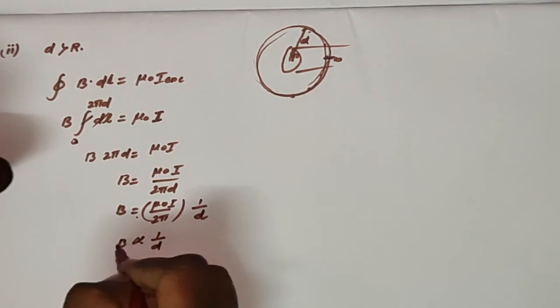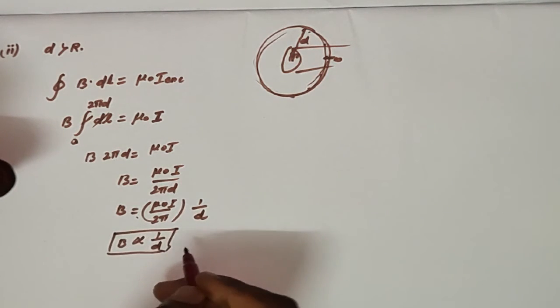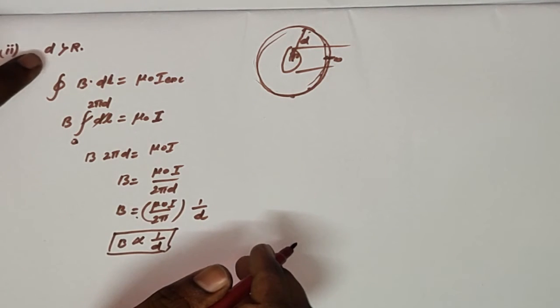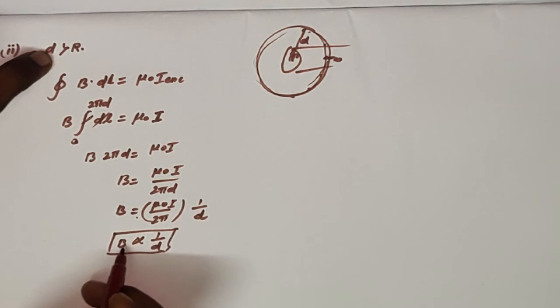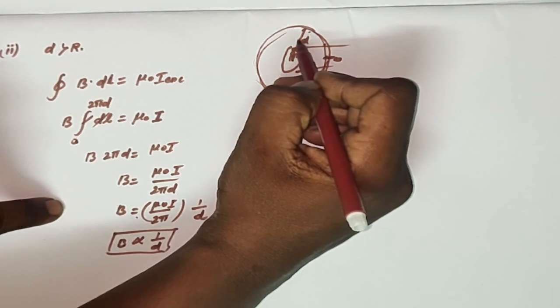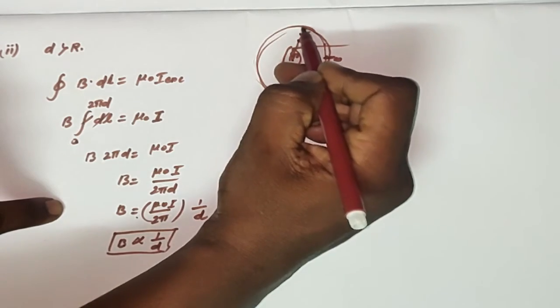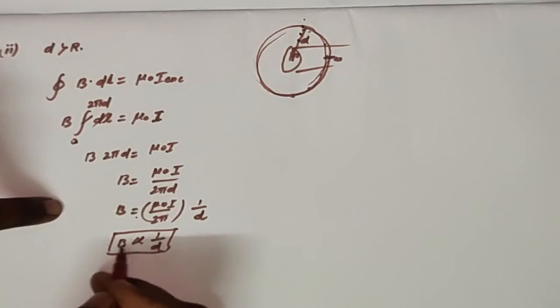B is inversely proportional to the radial distance d. As d increases outside the cylinder, the magnetic field will keep on decreasing. Suppose measuring outside, if here it is 10 Tesla, here it's 9, here it's 8. It will vary inversely. That is the meaning of this.